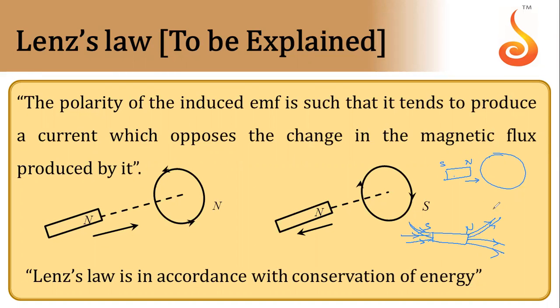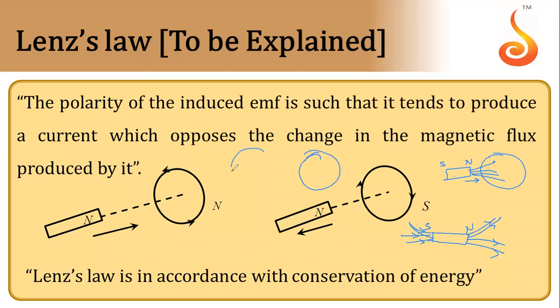Now when this magnet is brought closer to the coil, the number of magnetic field lines passing through the coil will be increasing. So the current through this coil will flow in such a way that it will try to decrease the magnetic field passing through the coil.